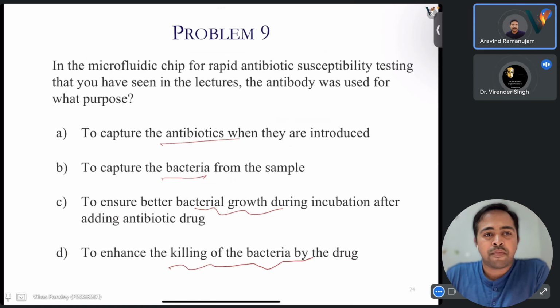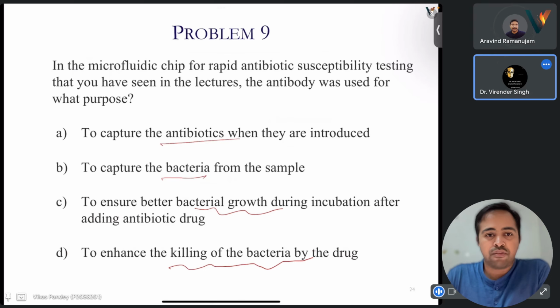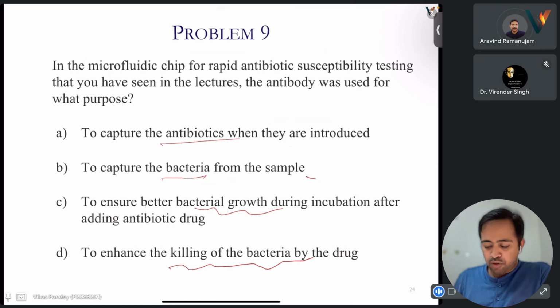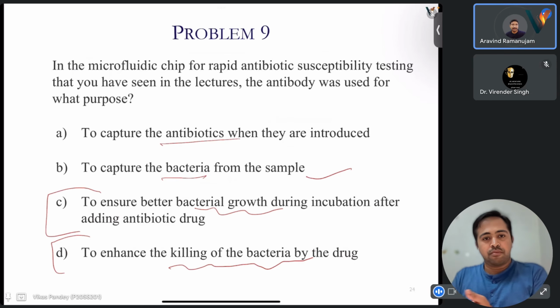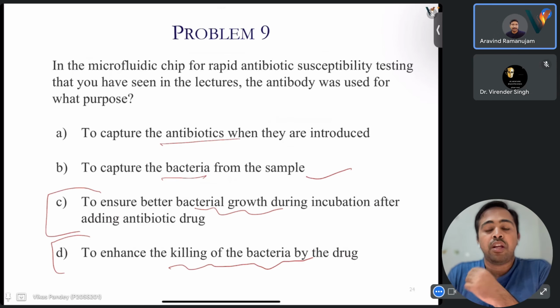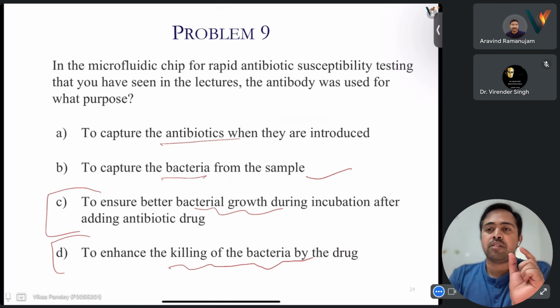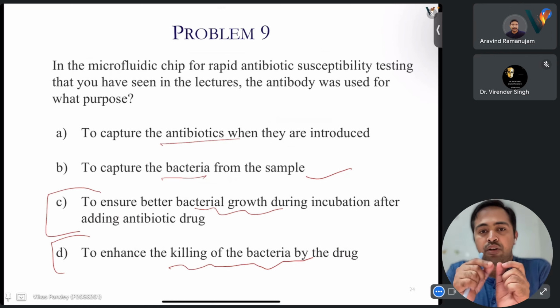B, I think, to capture the bacteria from the sample. Certainly we don't want it taking part in killing or making it grow, and we want the bacteria to be fixed so that the drug can act over it.